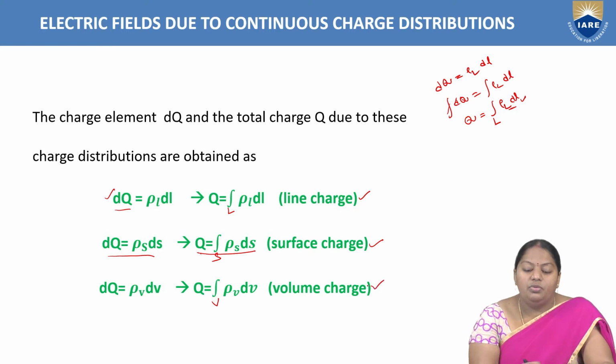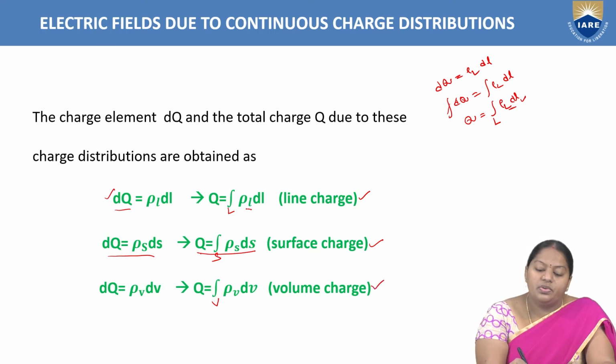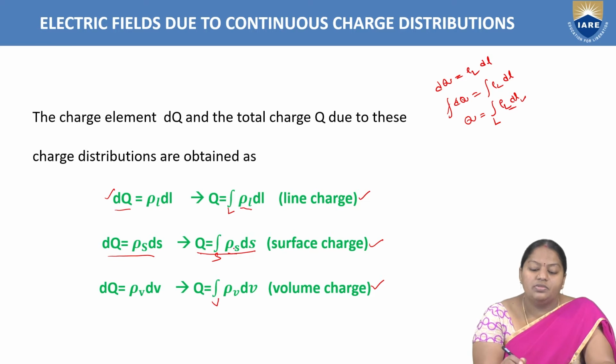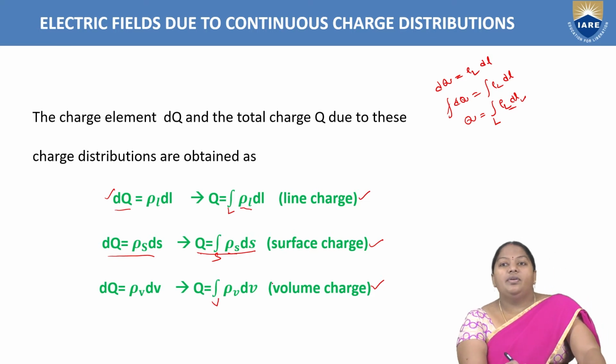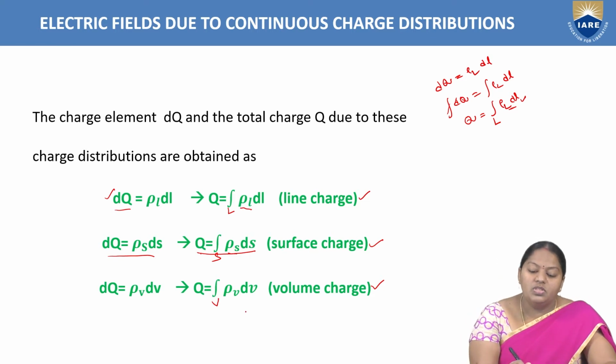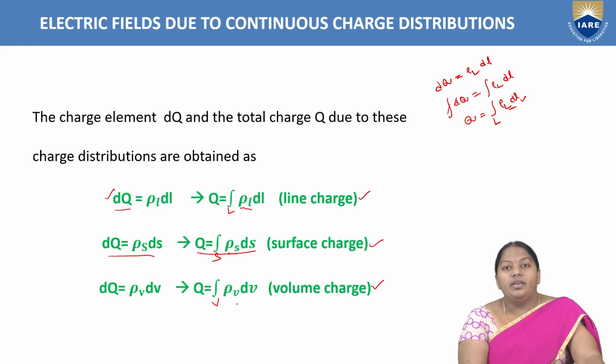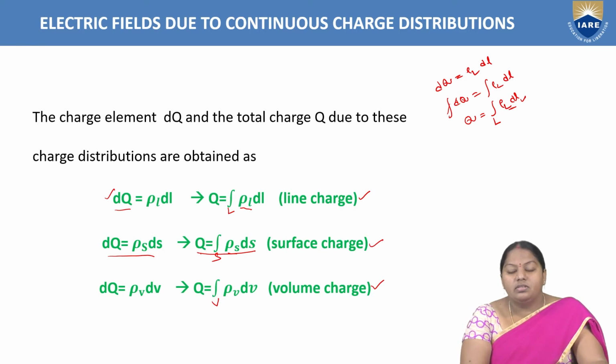This is for volume charge. So rho L is the line charge density, rho s is the surface charge density, and rho v is the volume charge density. These are the differential and integral components of the respective charges for the continuous charge distributions.